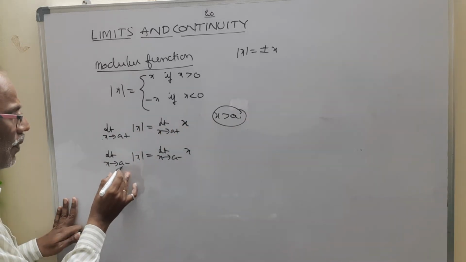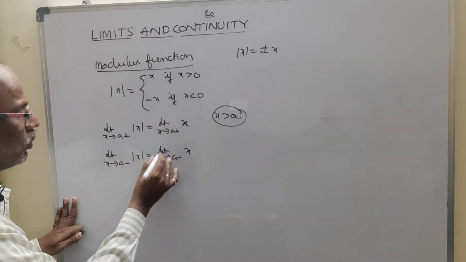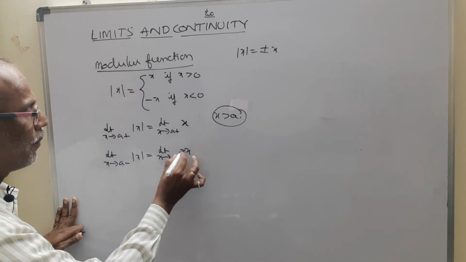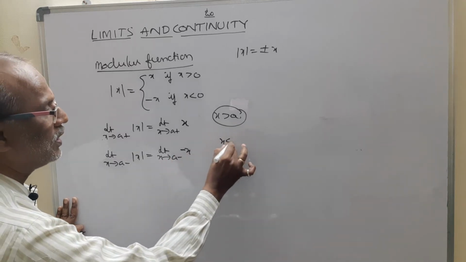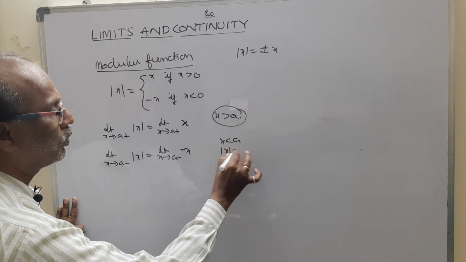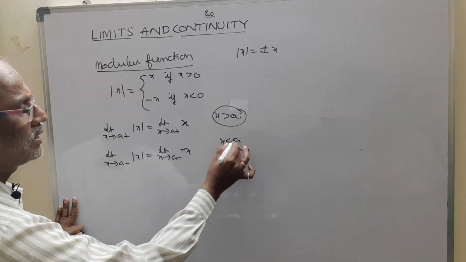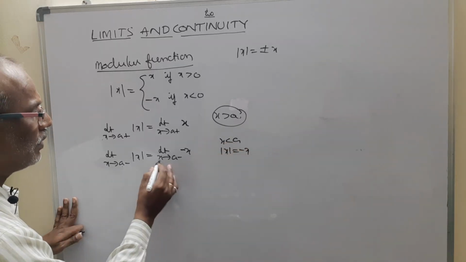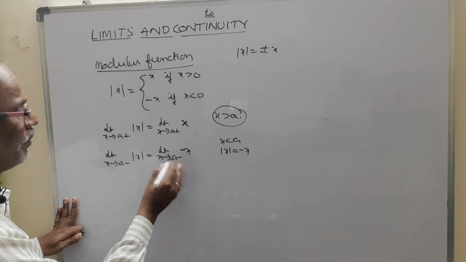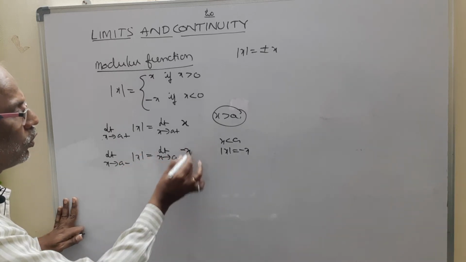Limit as x tends to a minus of mod x equals limit as x tends to a minus of minus x, since if x is less than a, mod x is equal to minus x.